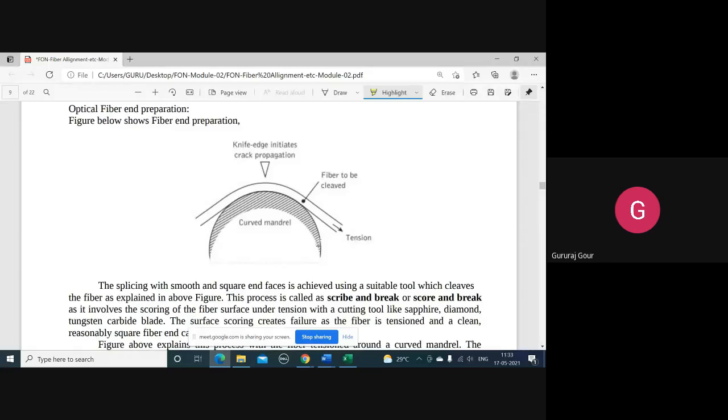Remember, we'll get insertion loss not only because of misalignment, but also if you don't get a perfect curvature or matched cross-sectional areas. That's why they use this technique, fiber end preparation and alignment.